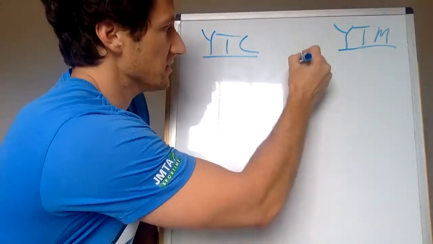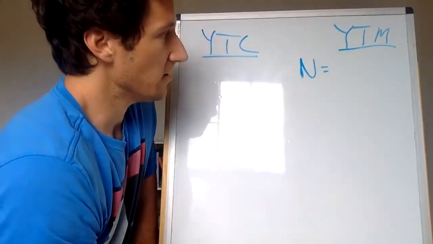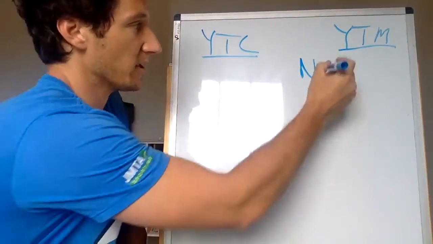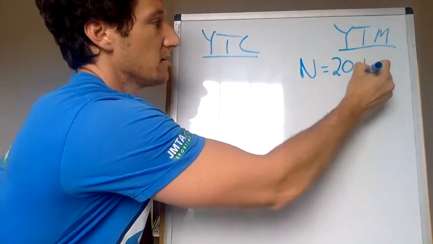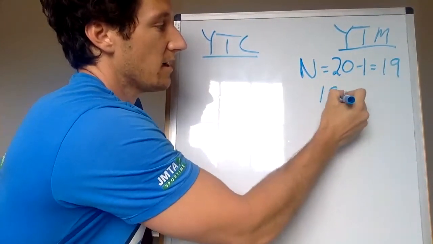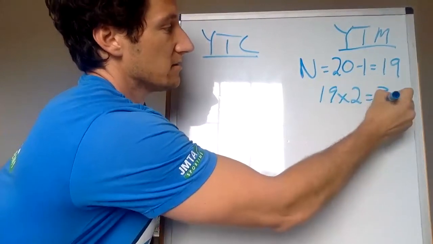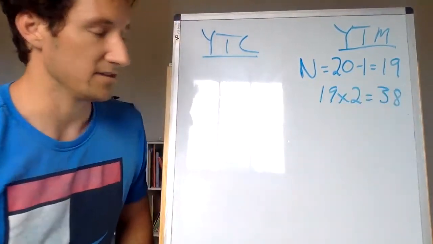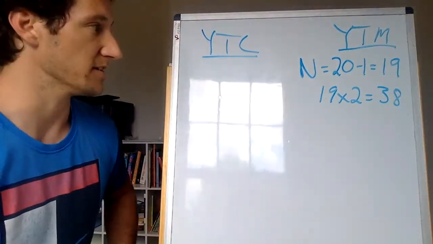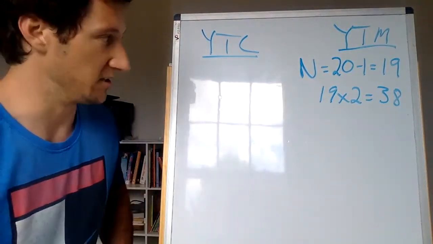So on this yield to maturity, normally it would be 20 years, semi-annual times 2, but a year has passed. So we've got 19 years left, and it's semi-annual bonds. So N is going to be 38. We have 38 time periods remaining, 6-month periods, until these things mature.